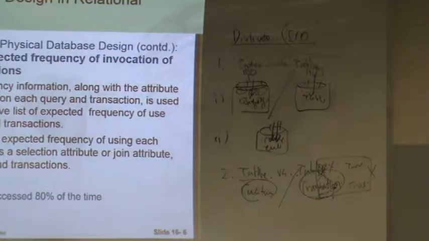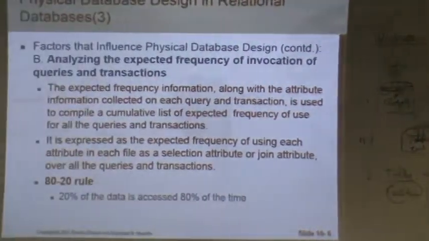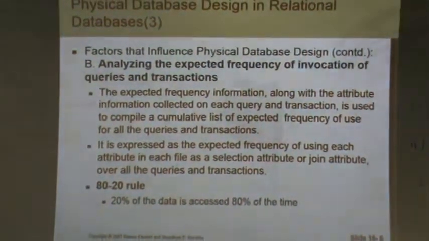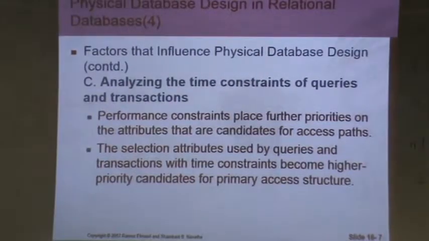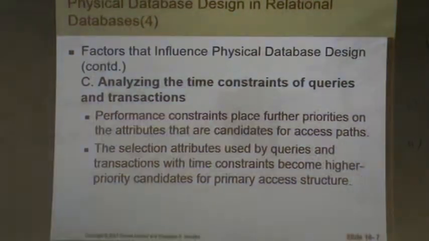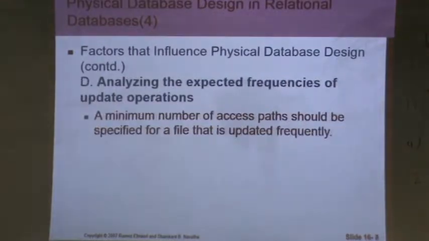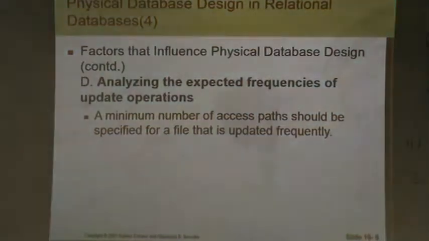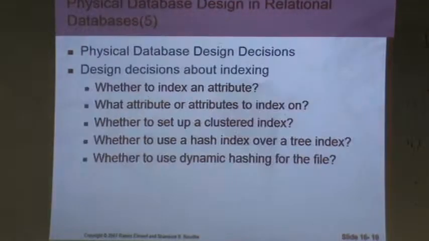So our goal of the physical database design is to distribute the I/O. That is our goal. How can we do that? By analyzing the frequency of the queries and branches. And the others are almost the same problem, so I will quickly skip.